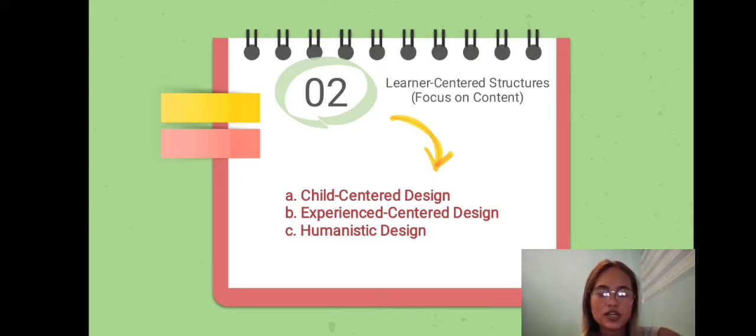For example, changing the way a curriculum is implemented, thus changing the experience of the learners. And lastly, the humanistic design. The curriculum is based on the goal of self-actualization of learning. For example, a subject-centered curriculum is added other humanistic elements such as values formation, practical skills to enrich curriculum.